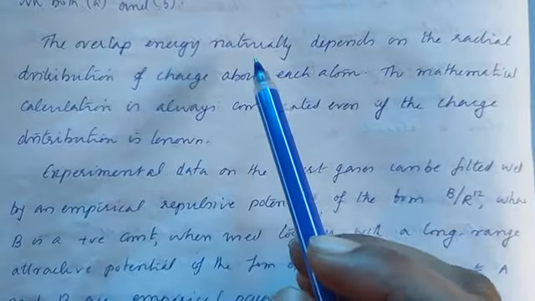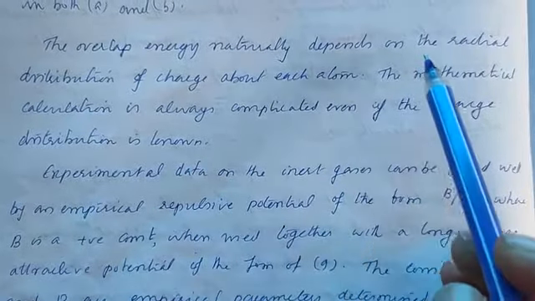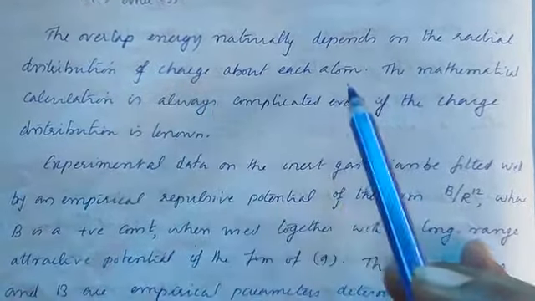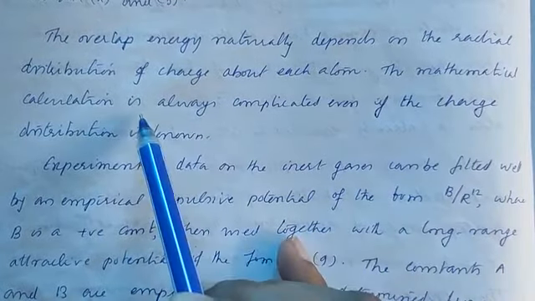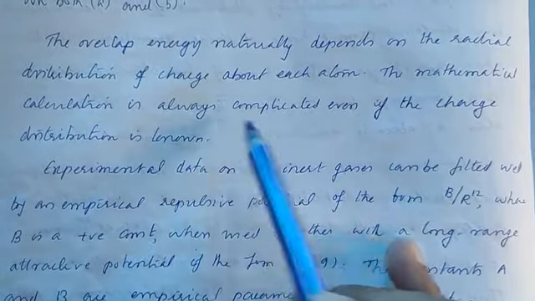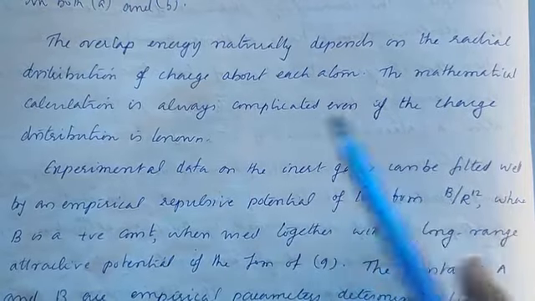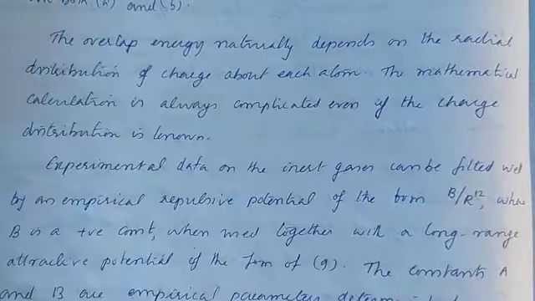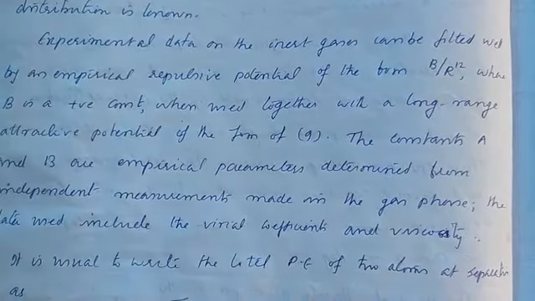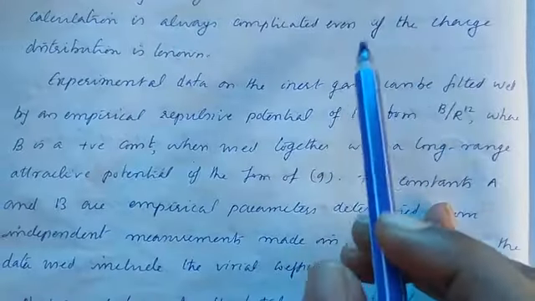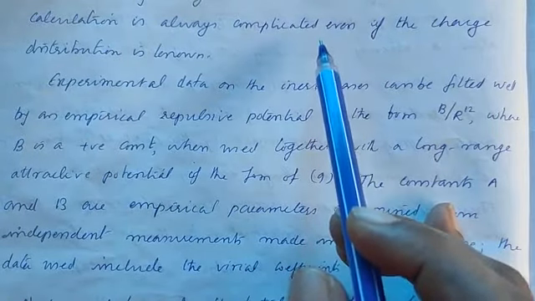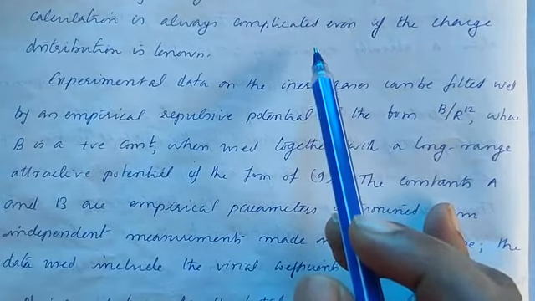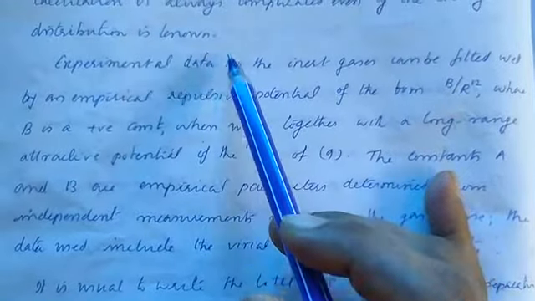The overlap energy naturally depends on the radial distribution of charge about each atom. The mathematical calculation is always complicated even if the charge distribution is known. So it is quite obvious that the overlap energy depends on the electrons around the nucleus, and it is difficult to calculate this mathematically even if we know the charge distribution.